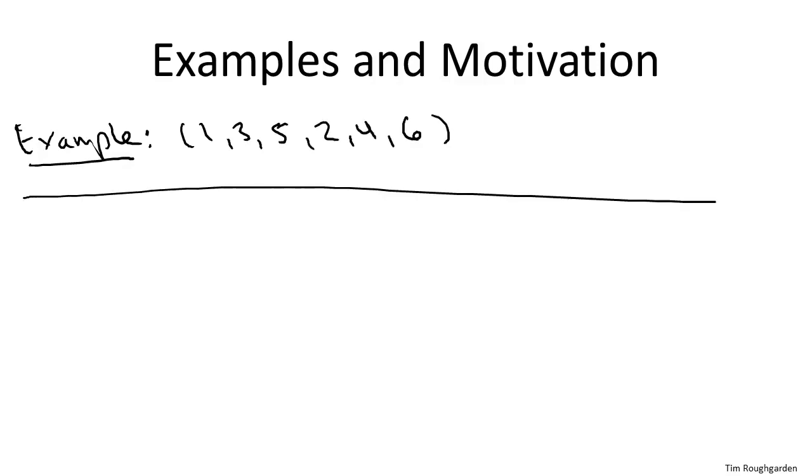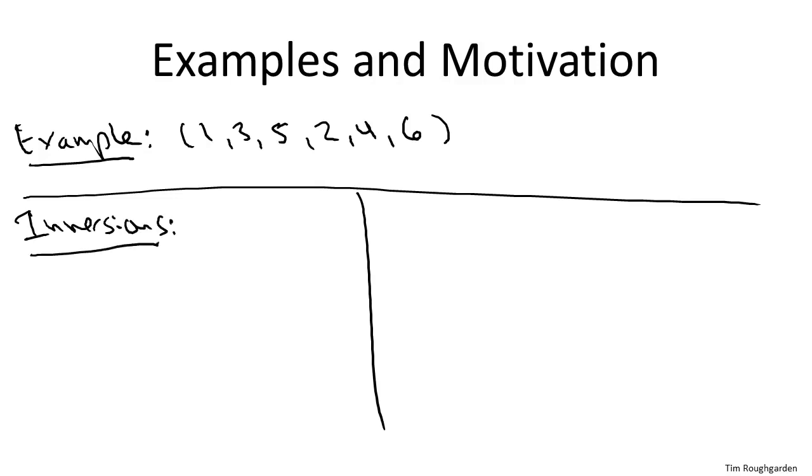So how many inversions does this array have? Again, what we need to look for are pairs of array entries so that the earlier or left entry is bigger than the later or right entry. One example which we see right here would be 5 and 2. Those are right next to each other and out of order. The earlier entry is bigger than the other one. But there are others. There's 3 and 2, for example. Those are out of order.